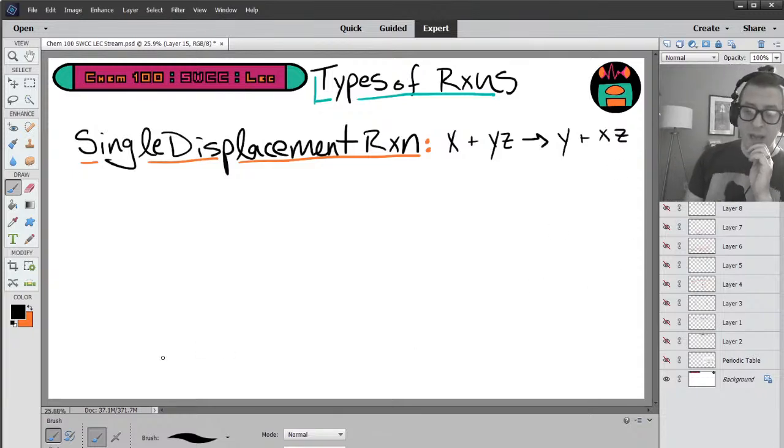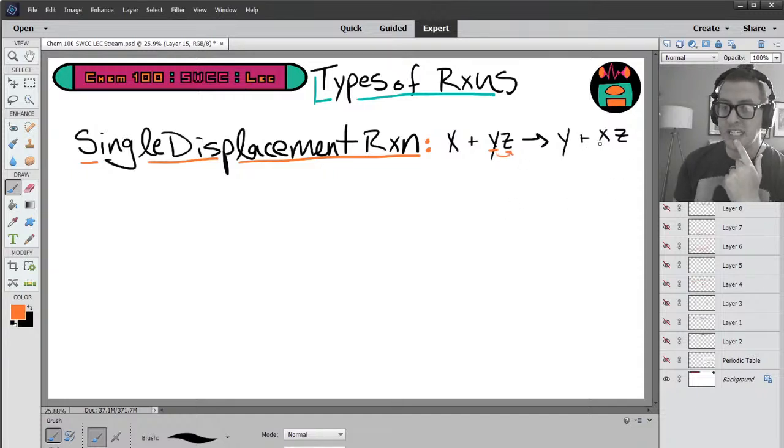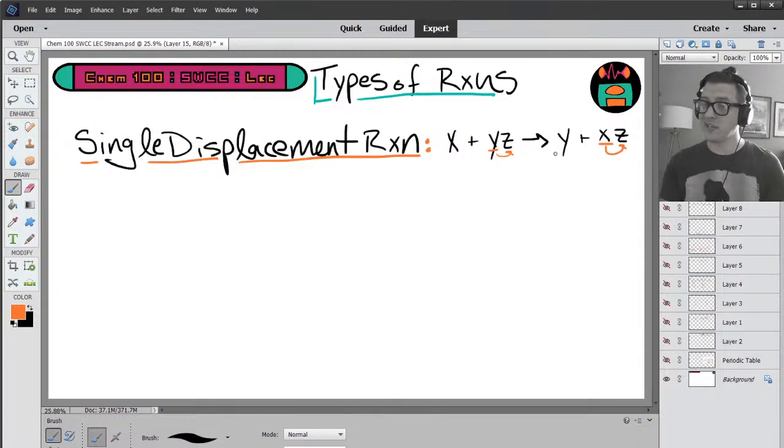What happened is Y started out partnered with Z, and then it swaps places with X, where X ends up partnered with Z, and Y ends up free floating. So you replace or displace one single element. X displaces Y as Z's partner. Sometimes these are called replacement reactions. Replacement, displacement, they're all the same thing.